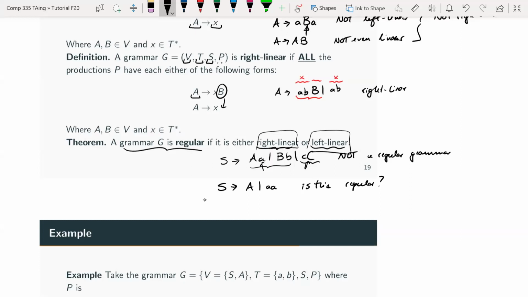So, is this regular? No. Oh, wait, sorry, I was so surprised by the fact that someone answered. Someone's saying no. Well, in fact, surprisingly, this is actually regular, because you can think of it as either being right linear.